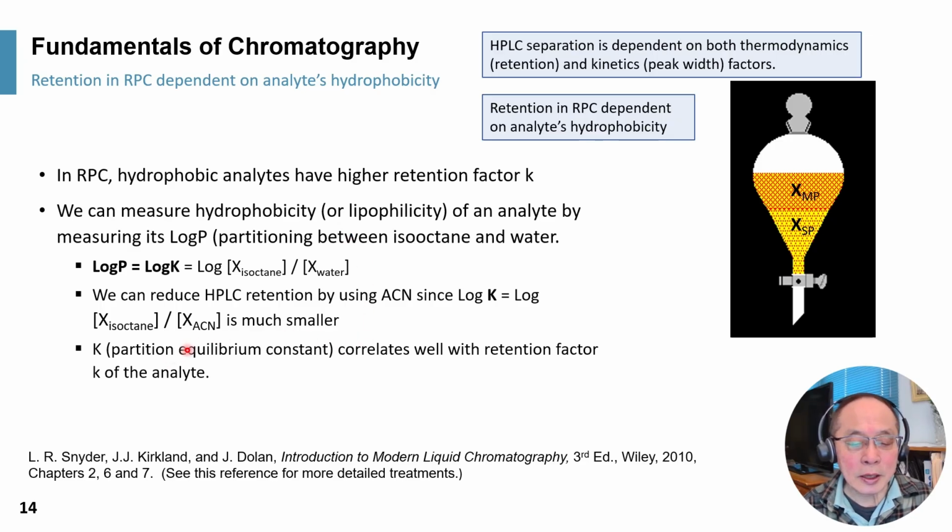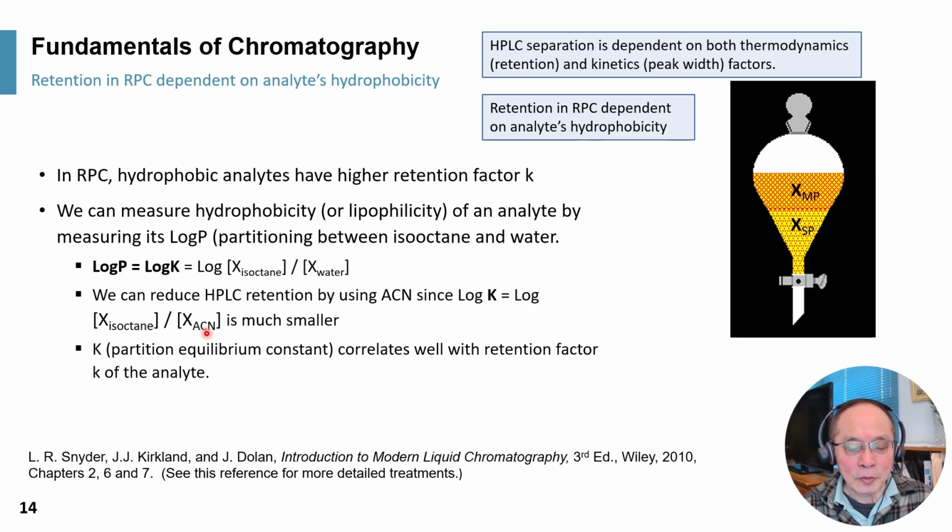Now, if we can reduce the log K, if we can reduce K by using, instead of water, acetonitrile, because acetonitrile is much less polar than water, you can see that the K, the log K, is much smaller, right?